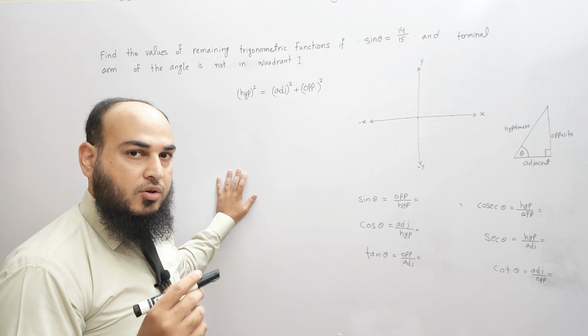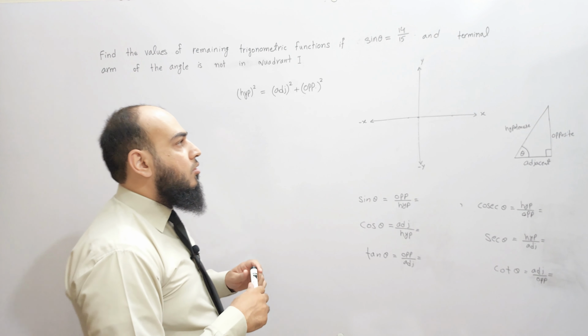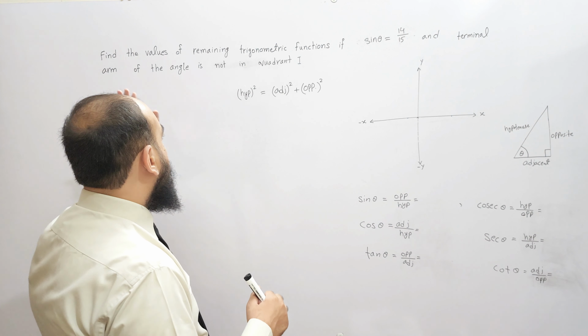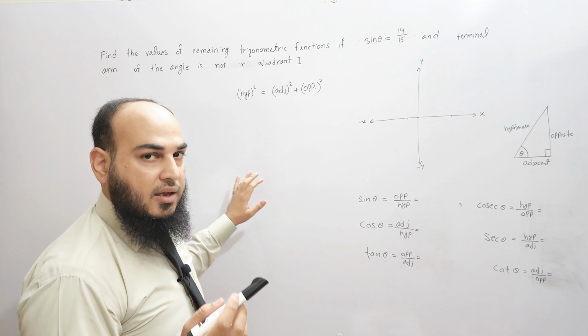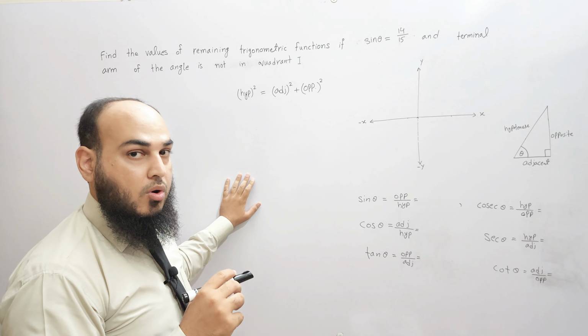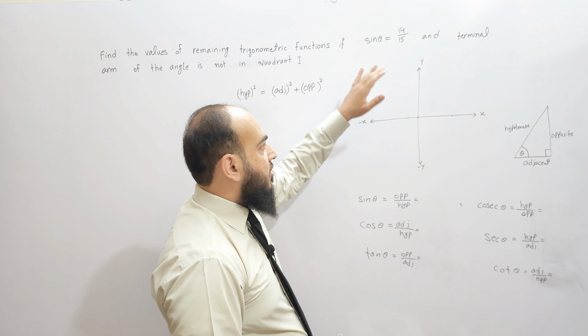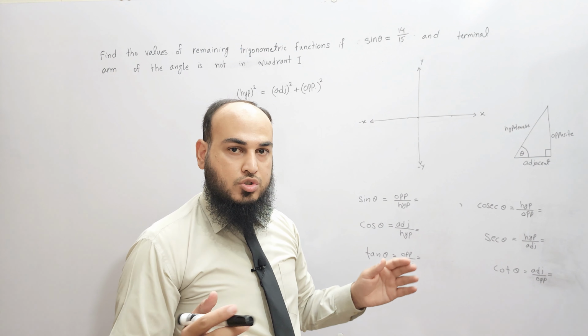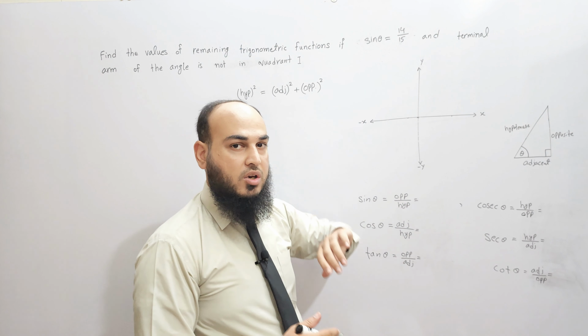we had one trigonometric function value, and we also knew in which quadrant the terminal arm of the angle lay. The similarity is that here also one trigonometric function is given, that is sine theta is equal to 14 over 15.